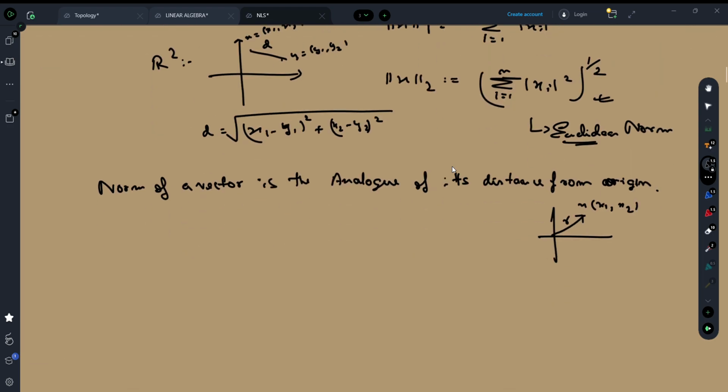One more important norm you can think of over Rn is what we call the max norm or the infinity norm. Infinity norm is a term which is not that used. We often call it the max norm, and it's defined as the maximum over i equals 1 to n of the absolute value of each of these components.